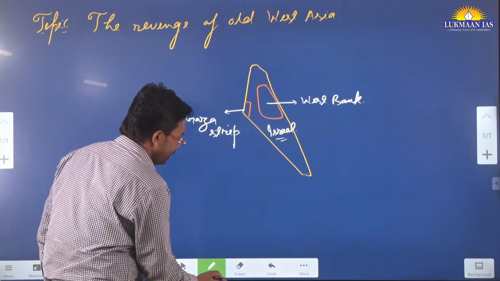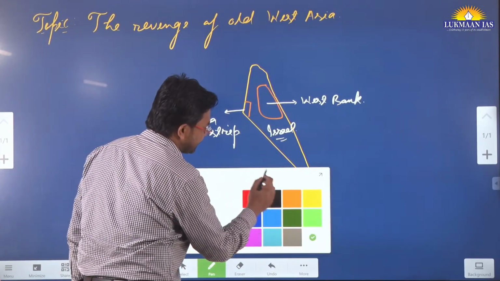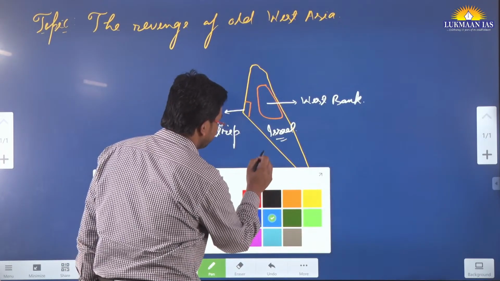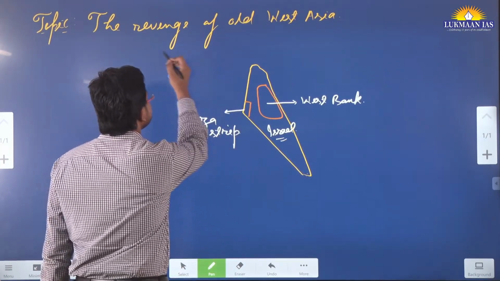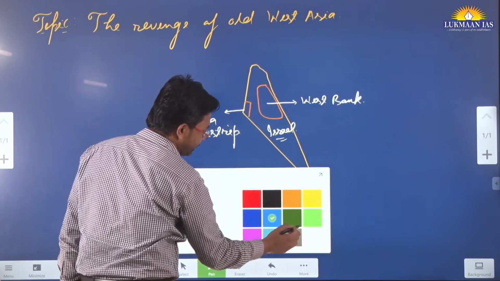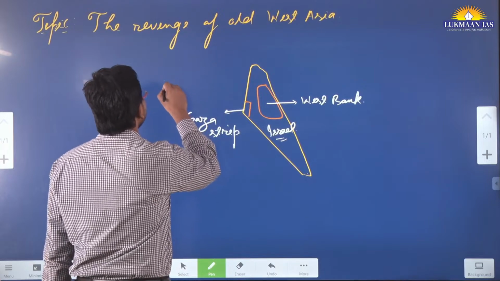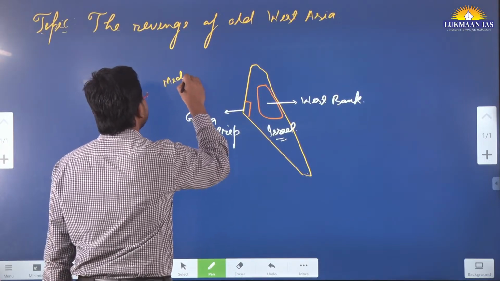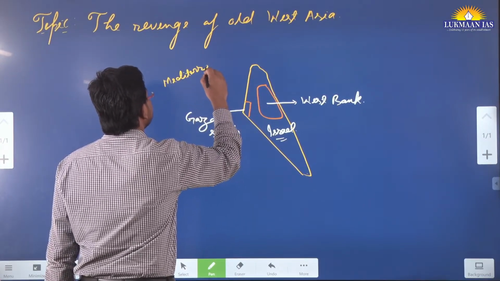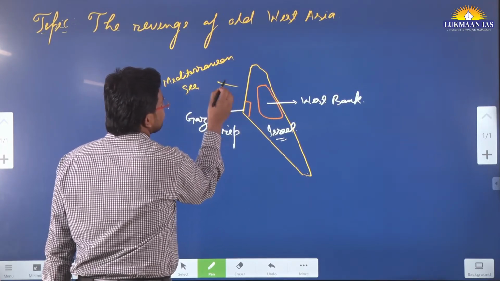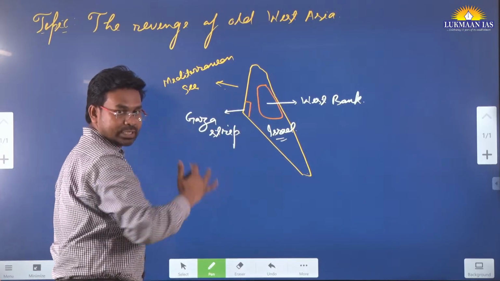Also, apart from countries, there is a sea, let me take another color, maybe this color. We have a sea, it is the Mediterranean Sea, to the west of Israel.